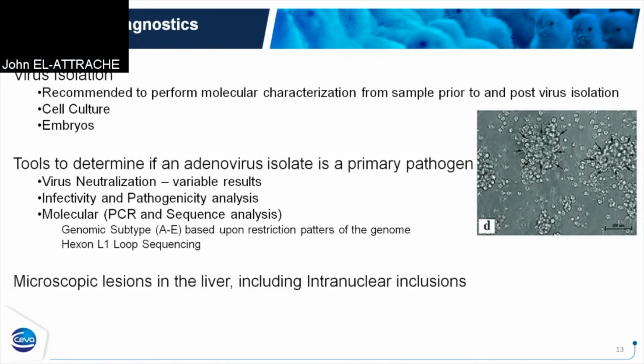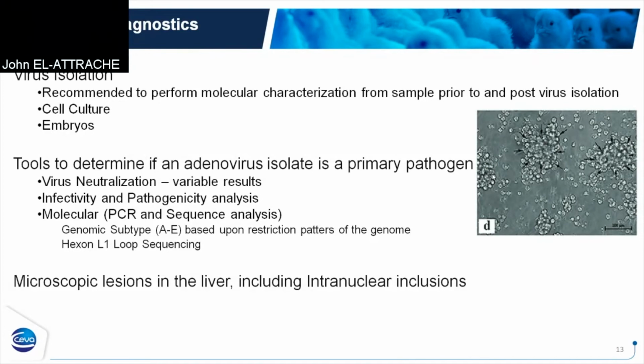Again, back to molecular, this analysis has increased over the years. We used to have a large genomic aspect of typing, where we had group genomic subtypes based upon cutting up the DNA of the virus. We had groups A through E, and for the most part, quite a few of the viruses that were causing inclusion body hepatitis were in groups D or E. That has changed since.